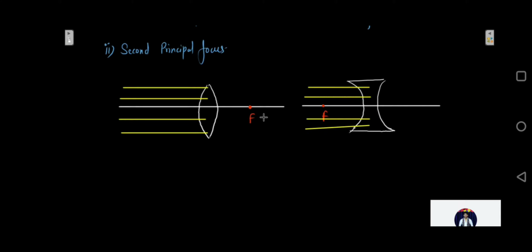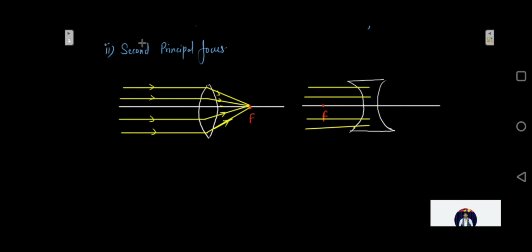what would happen in case of a convex lens? After refraction through the lens, they will converge to a single point. To this particular point they will converge. Something like this. So the direction is going to be this. And in case of a concave lens, they will appear to diverge from this particular point.